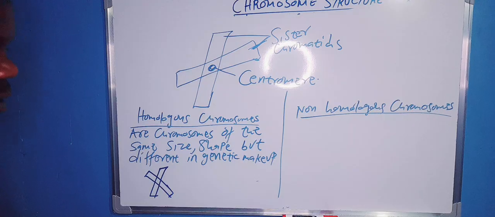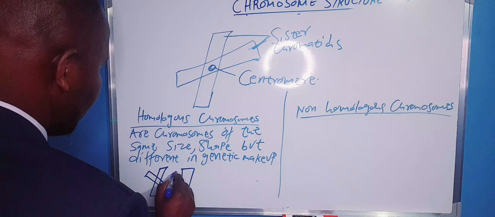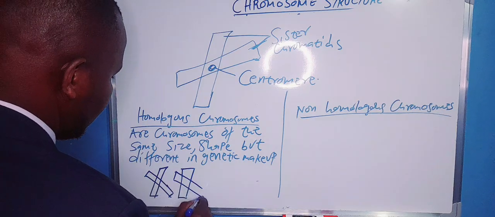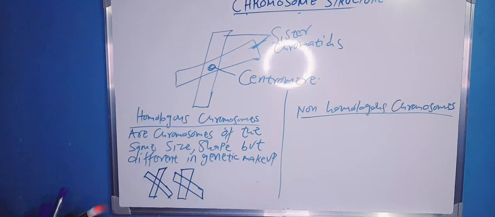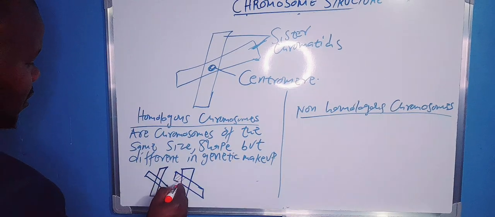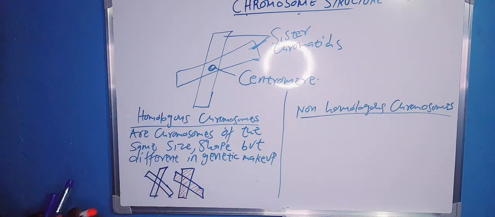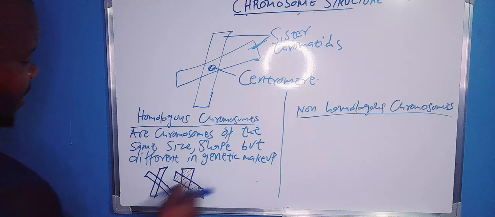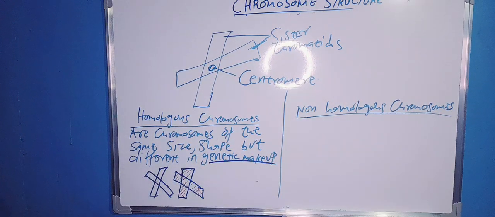In terms of the content, there will be the structure size. Then in terms of the genetic makeup, you can shade this one to be different. So I'm saying the genetic makeup is the one that is different.